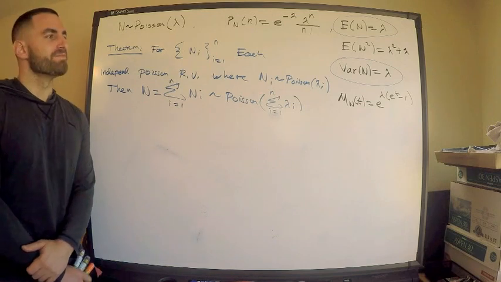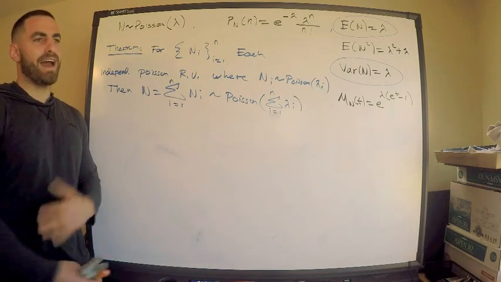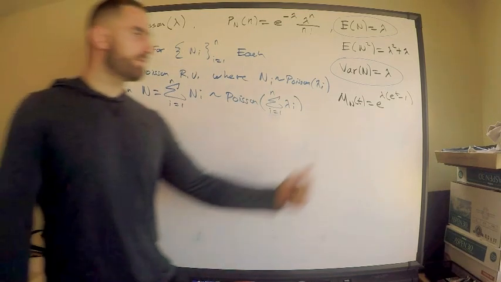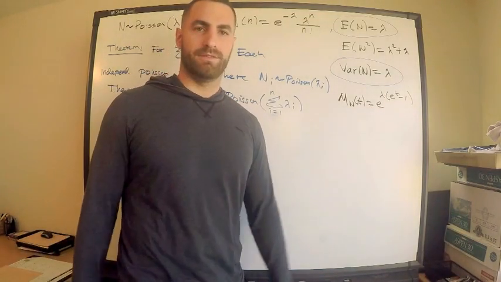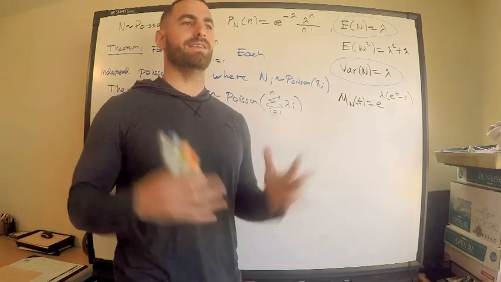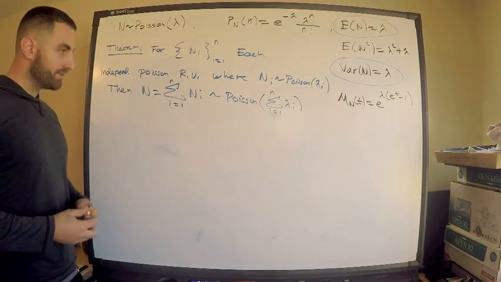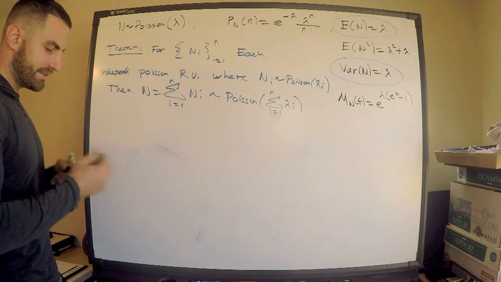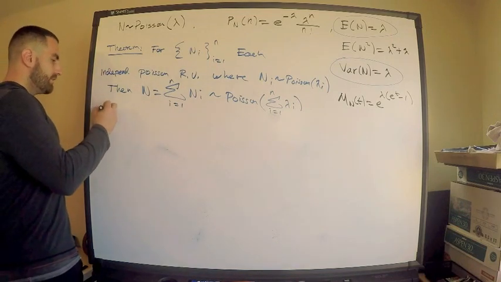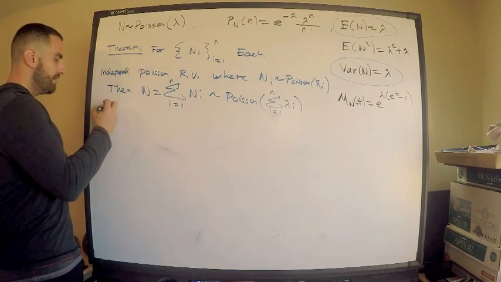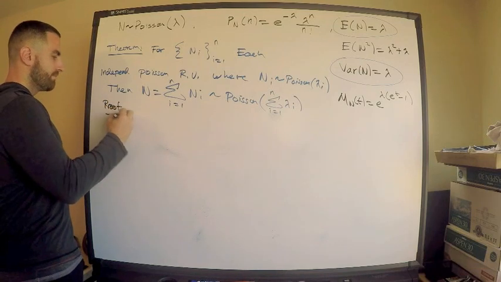In other words, if I have a moment generating function of this form, it's automatically Poisson. It's not just some other random variable pretending to be Poisson. So thank God for that, otherwise this proof might be quite difficult. So that's true. Let's prove it using the MGF.